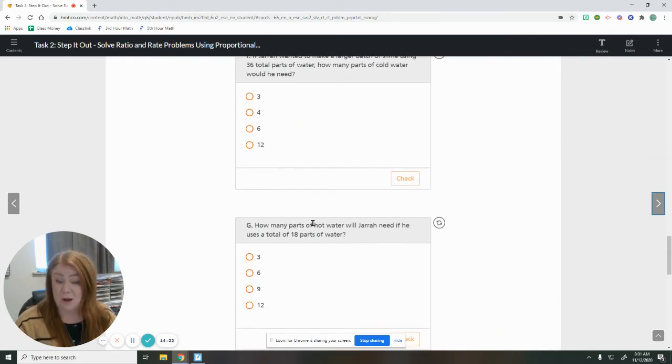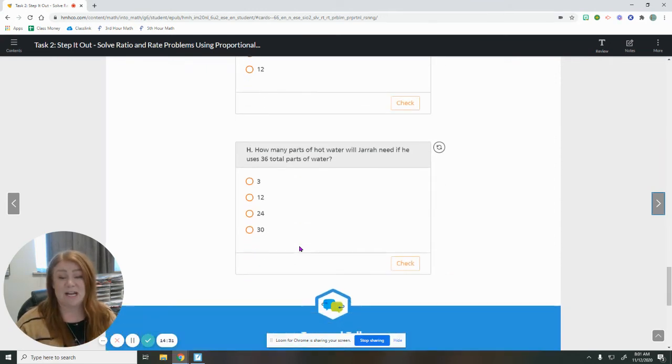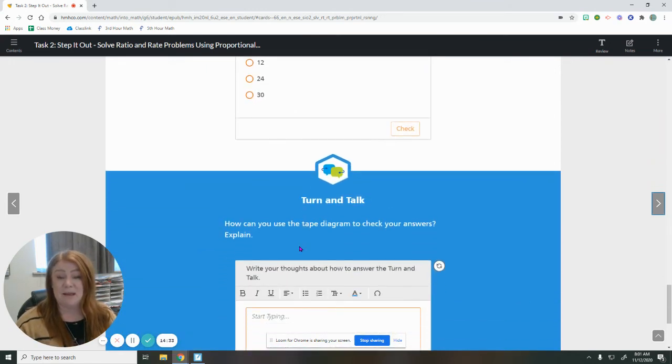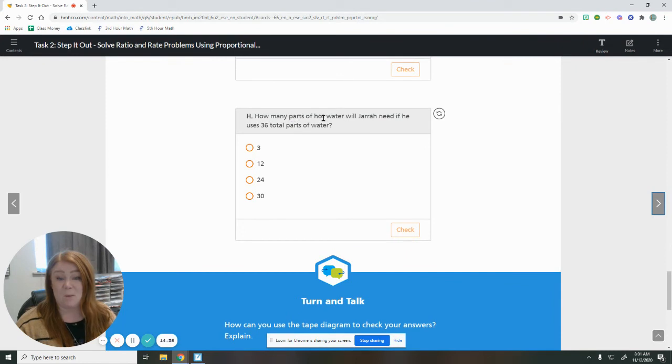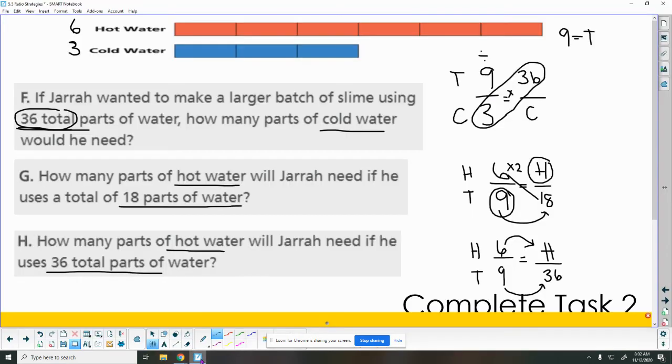Then it's hot water to total water for 18. So these are all problems we did. So you can go back and look at your work and you should have these answers already. And then we have the hot water to total 36. So then tell me, how could you use your tape diagram to check your answers? So how would the answers you got from these proportion problems match up here?